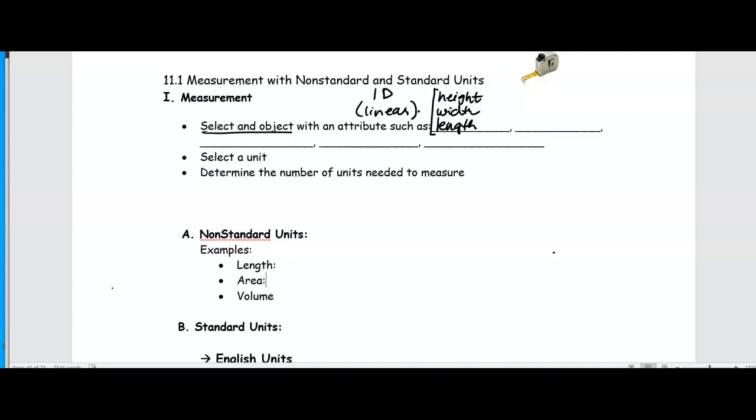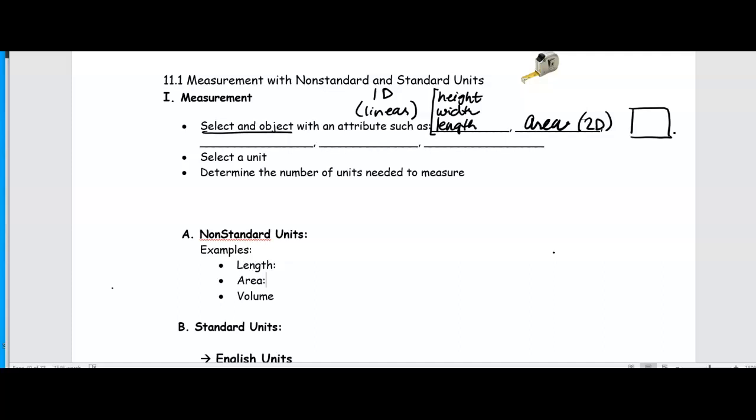Another type of attribute, in 2 dimensions, would be area. For example, how big is the top of my table? What's the area of the top of my table? That would be in 2 dimensions because now we're measuring a square or rectangle, a 2-dimensional shape.